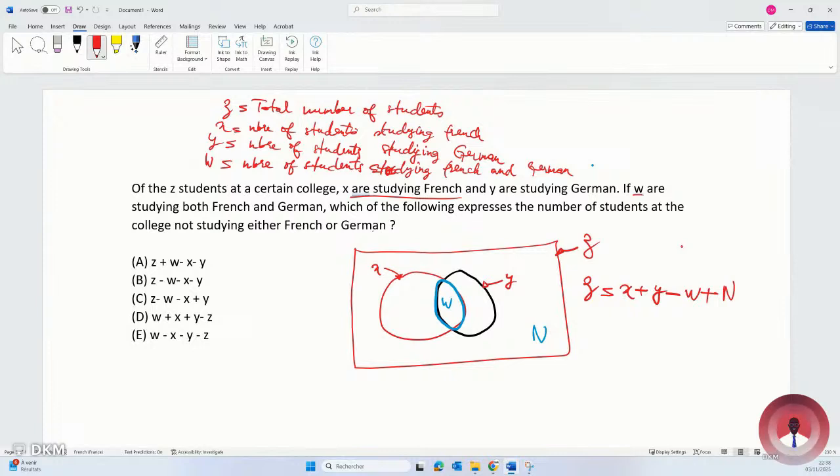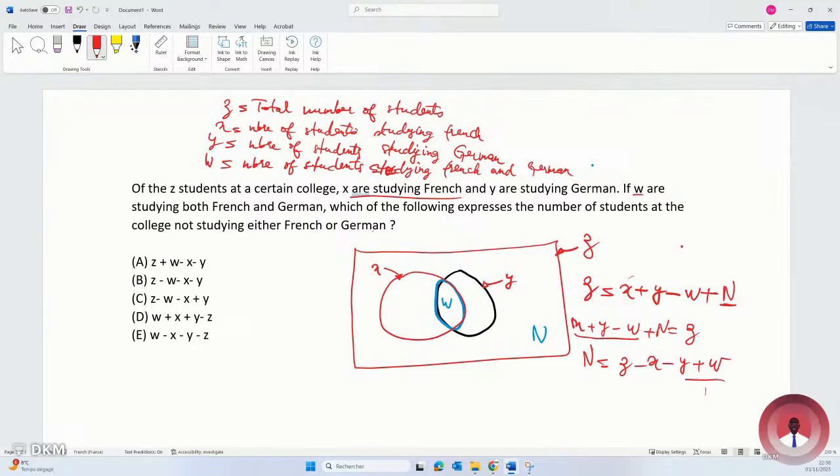Okay. So in our question here, we need to find N, and we need to express N in terms of X, Y, Z, and W. And we can write this equation. The same thing can be written as X plus Y minus W plus N is equal to Z. And we're going to move all this to the other side so that N will be equal to Z minus X minus Y plus W. Because here W is negative, so when it goes to the other side, it becomes positive.